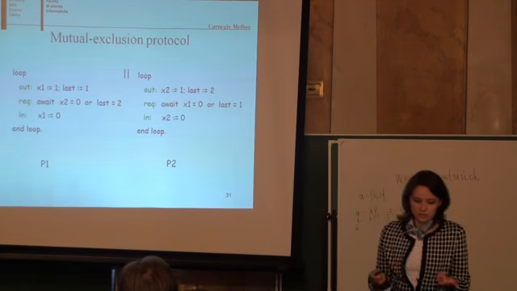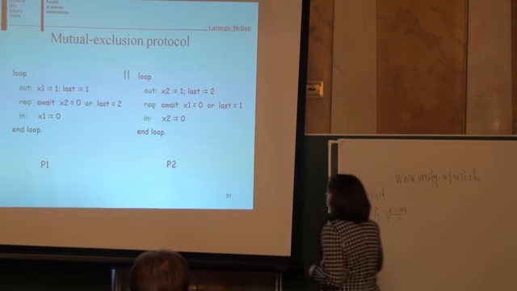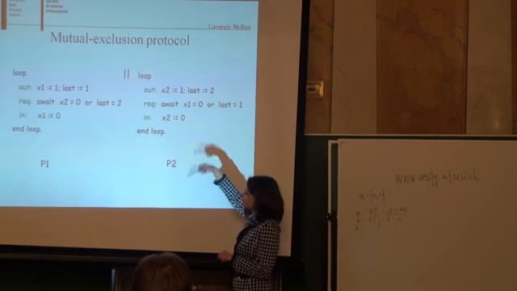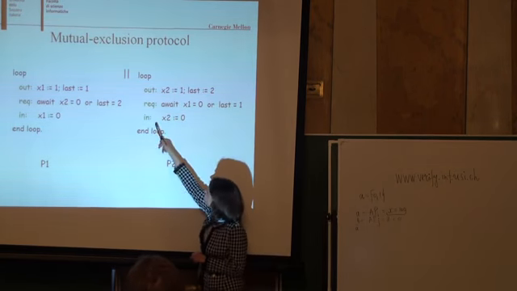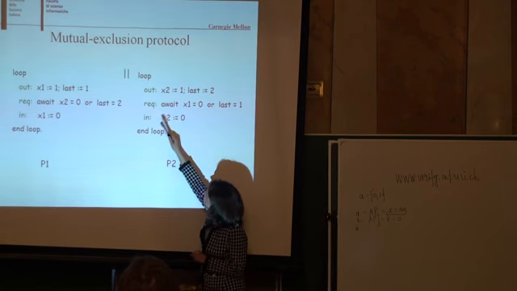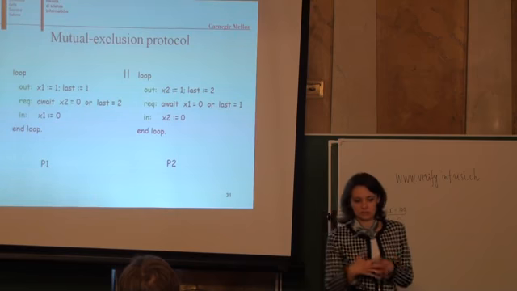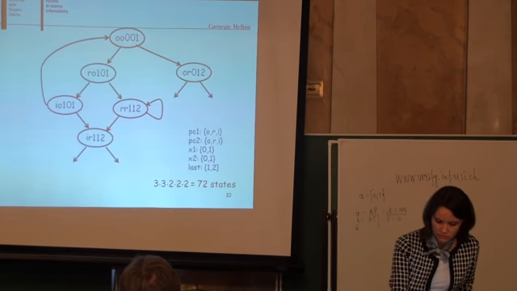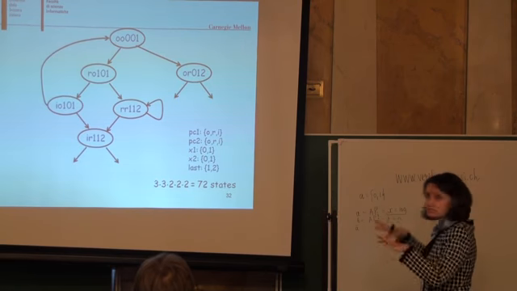Anyway, this is the mutual exclusion that we have. They're both looping. They're running concurrently. So we have three control points: out, request, and in. How would the model which encapsulates it look? This is part of it.